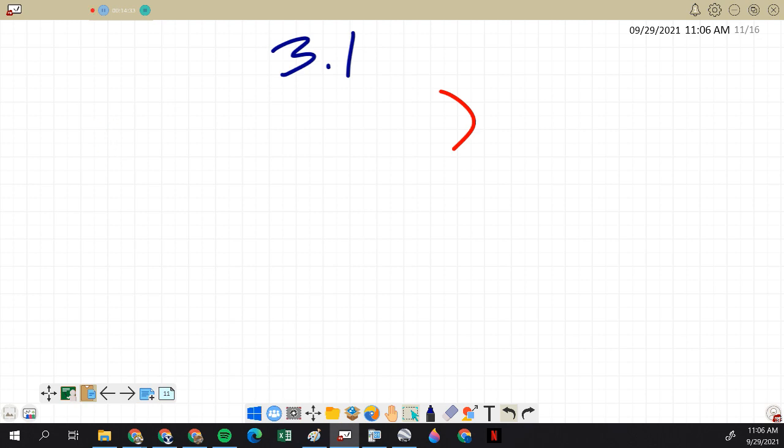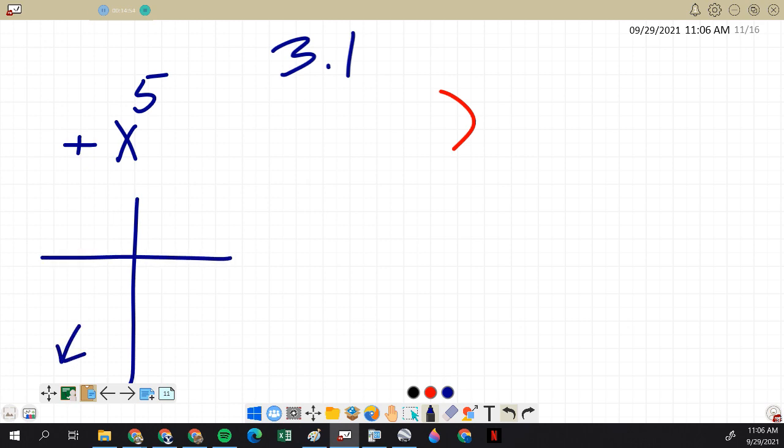What would an x to the 5th look like? Well, if it's positive, what has to happen? It's going to look like this. The left side has to be down and the right side has to be up. Okay. What happens on the inside? All sorts of things could happen.